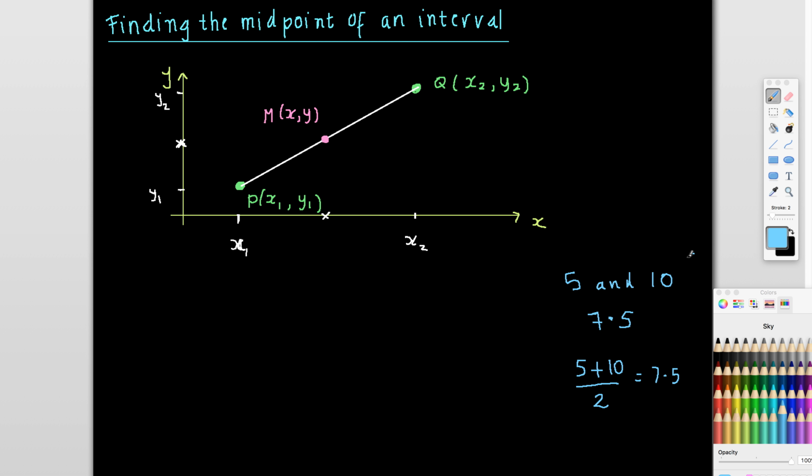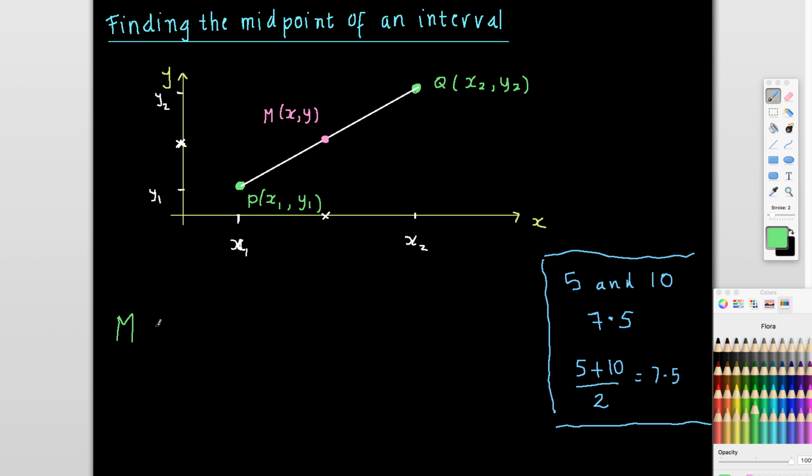So essentially what we're going to do is find the average of the x values for the two coordinates, and find the average of the y values as well, because that will be exactly the same process. Now when we do that, instead of using numbers like I have here, I am going to use the x1s and y1s, and the x2s and y2s, in fact.